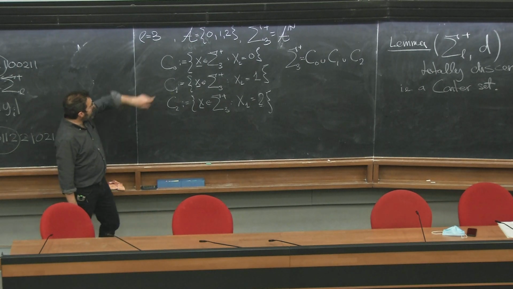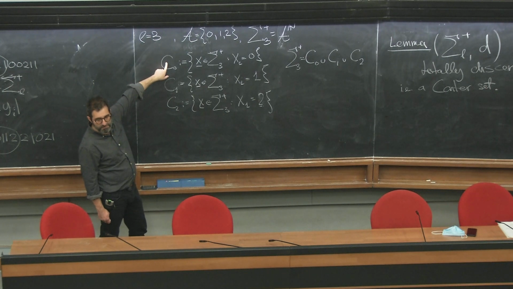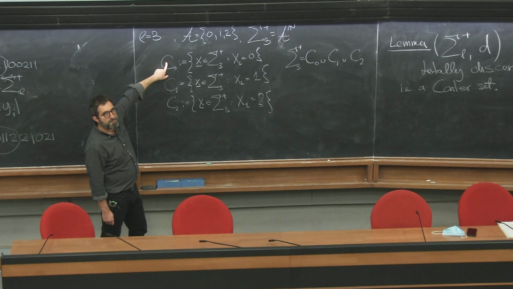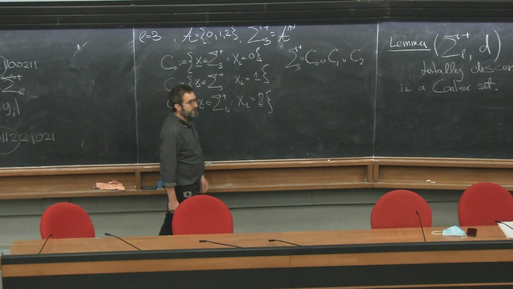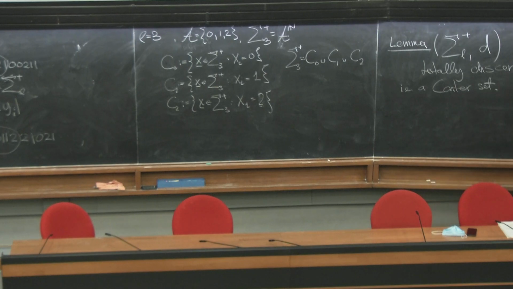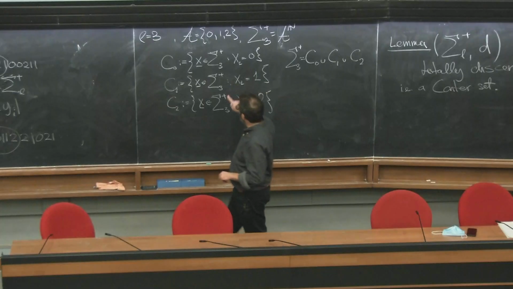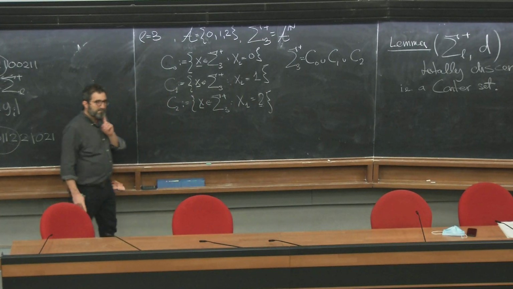Now, are these open subsets of sigma 3 plus? No, it's the kernel of some continuous function, so it's a closed set. And so if it's closed, does it mean it cannot be open? If all 3 sets are closed, it may be an open and closed set.